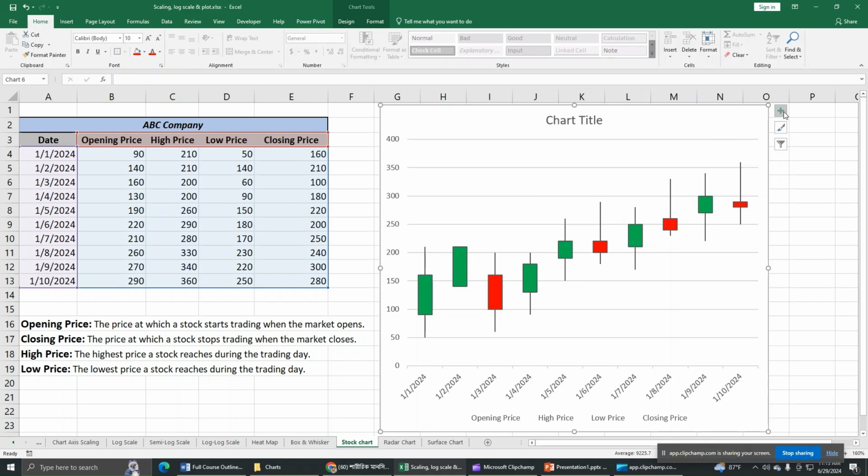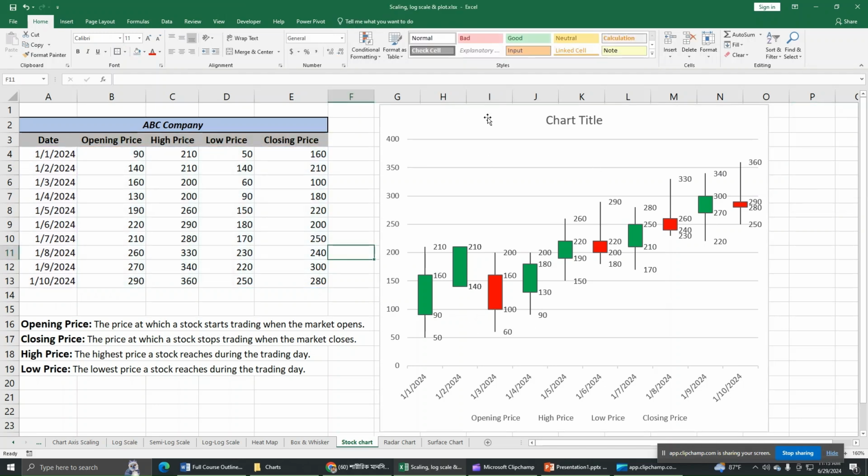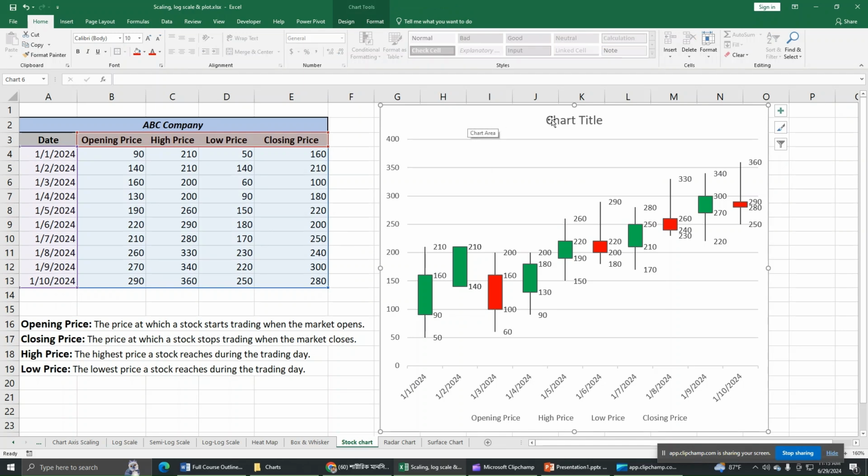Now from this icon I'm adding the data labels. So this is how we can create a stock chart. I'm selecting this chart again.